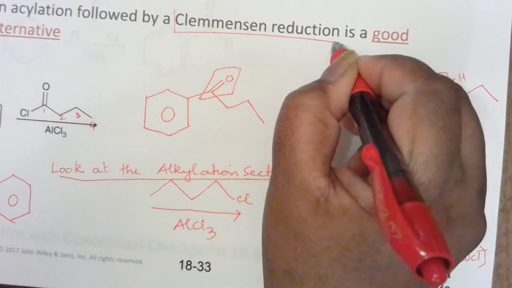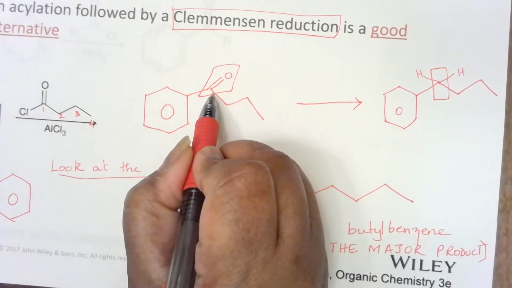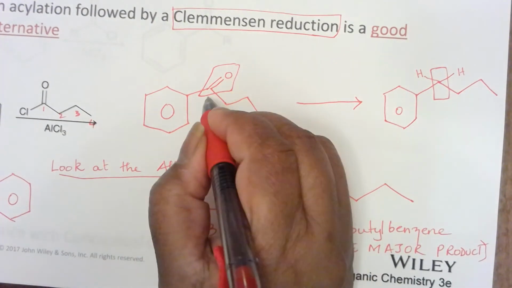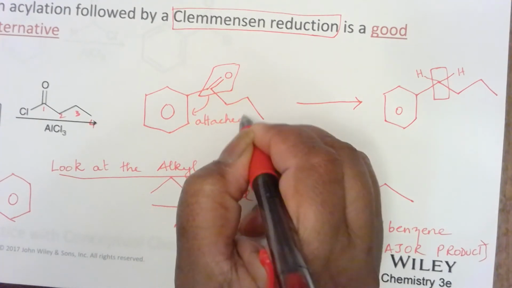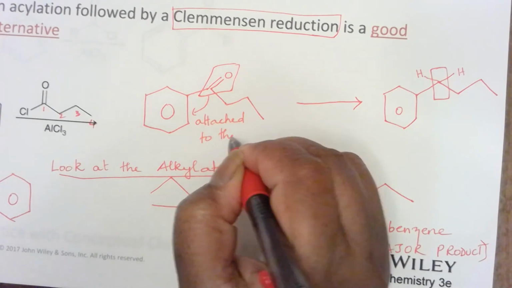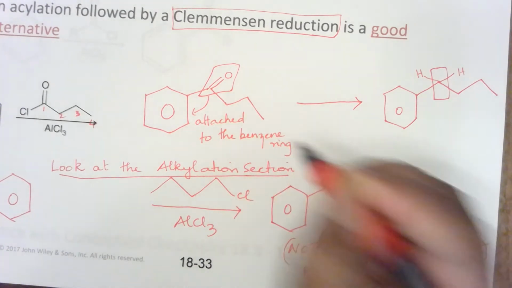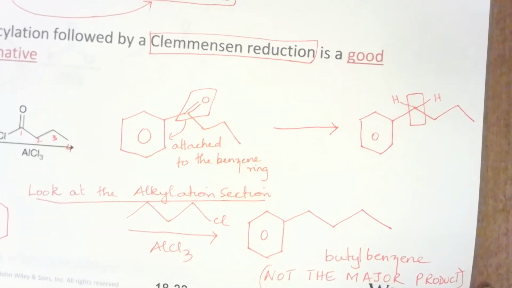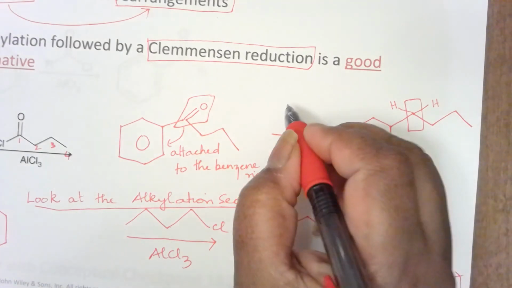And the method for reducing the carbonyl attached to the benzene ring, you see that? It's not any carbonyl. This is attached to the phenyl group, attached to the benzene ring. So this is a specific type of reduction. If you need to reduce this carbonyl, it is done through Clemmensen reduction. So what is this?